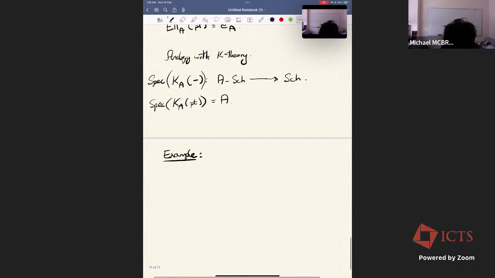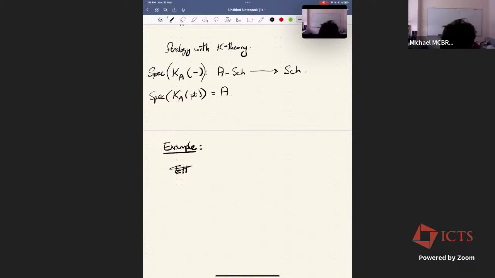Here's an example of what this functor does. If we take our scheme X to be just P1, acted on by C star, the elliptic cohomology of X is some scheme, and it has a natural map to the elliptic cohomology of a point because there's an A-equivariant map from X to a point.